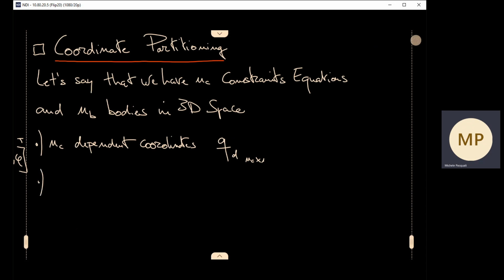And then we have N, which is, let's say, 6 times NB. That's the total number of parameters. So we have N minus NC independent coordinates.